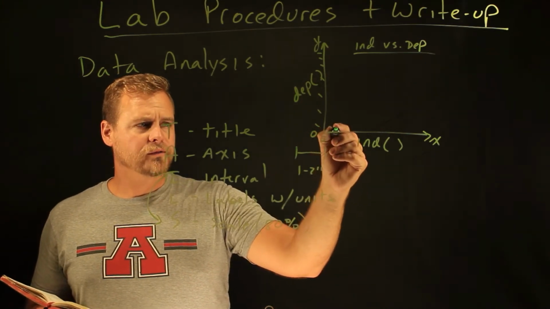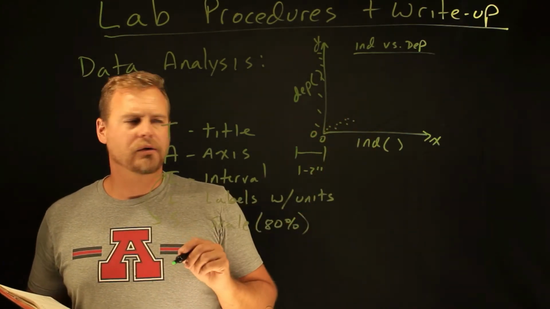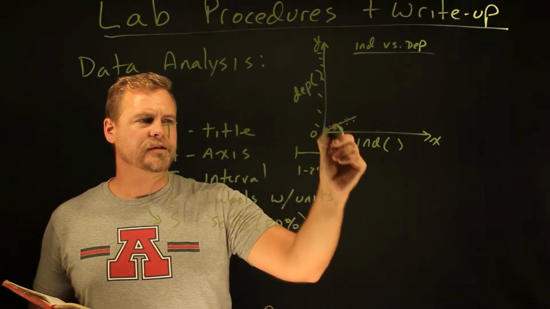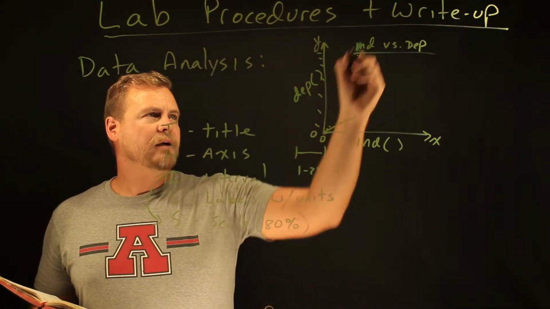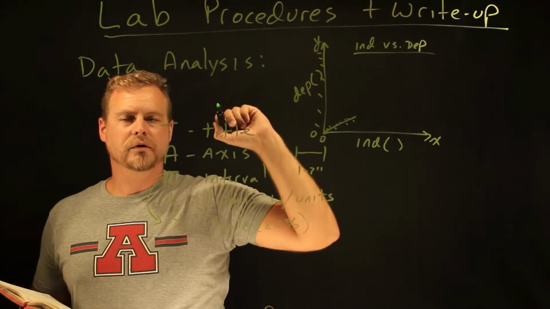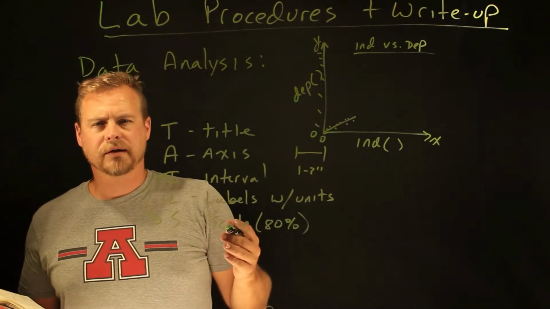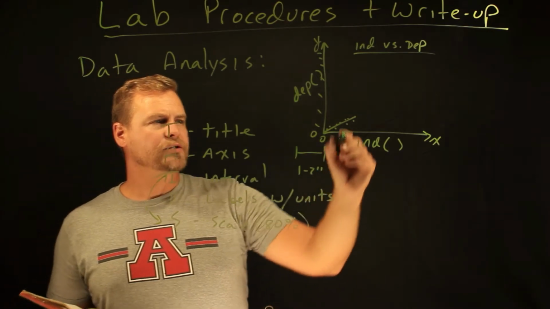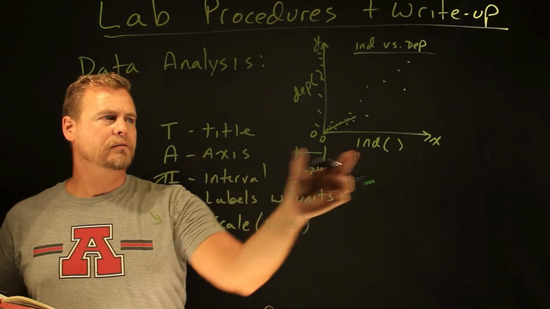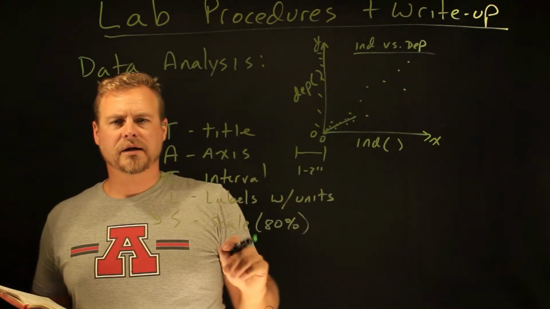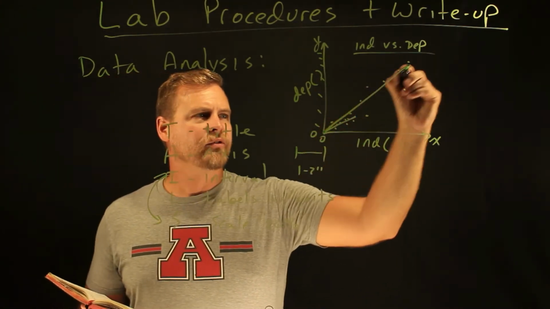You don't want all of your plot down here, and that's not very helpful. You don't want to have missing pieces of data that go off your graph. That's also not very helpful. So the rule of thumb is to try and plot your data using an interval that makes your data fill about 80% of the graph.